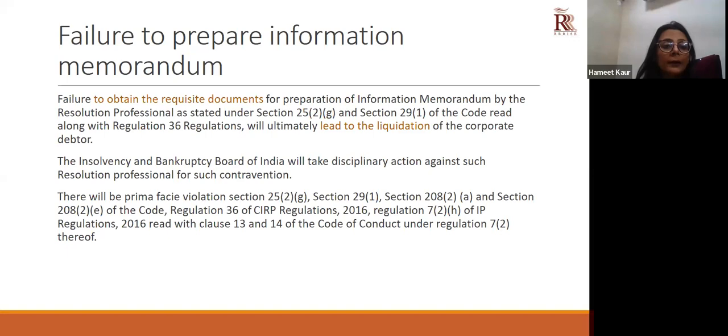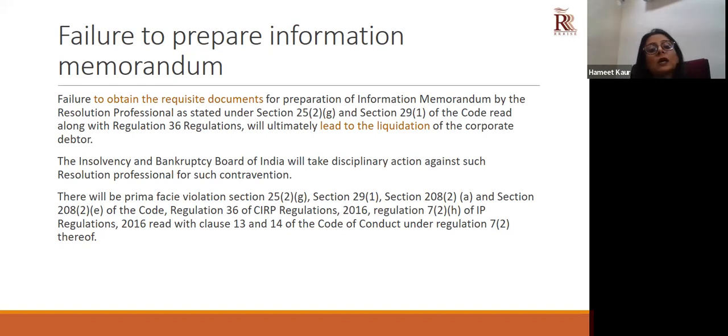Failure to prepare IM. Failure to obtain the requisite documents for preparation of the IM by the RP, as stated under section 25(2)(g) and section 29(1) of the code, read along with regulation 36, will ultimately lead to the liquidation of the CD. The IBBI may take disciplinary actions against the RP for such contravention.